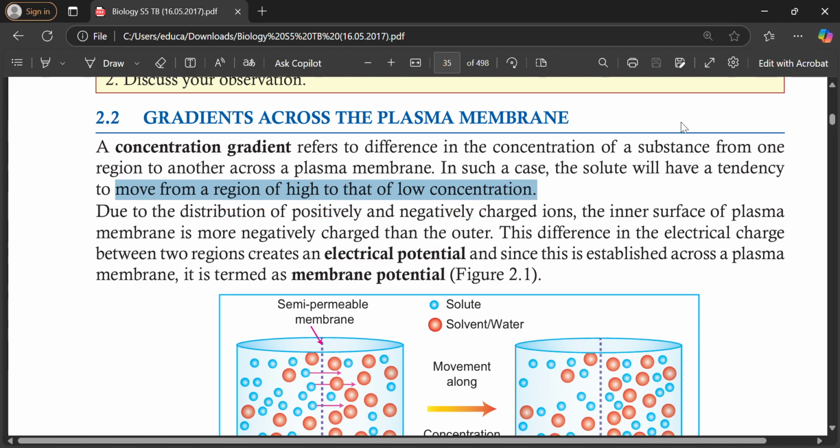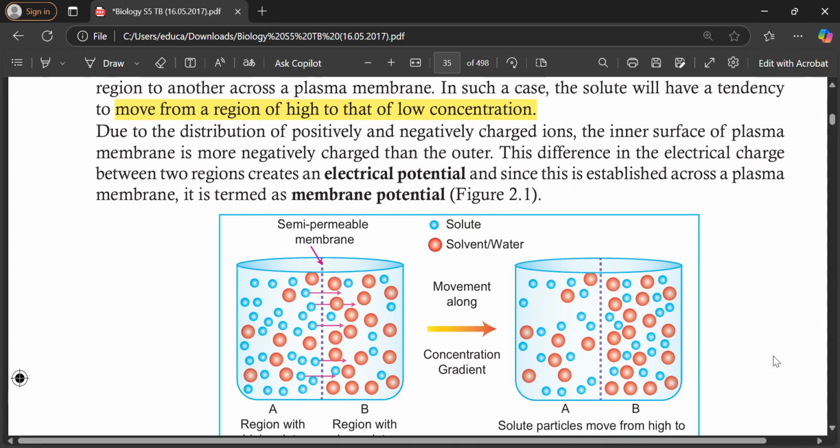Due to the distribution of positively and negatively charged ions, the inner surface of a plasma membrane is more negatively charged than the outer one. Inside the cell is more negatively charged than outside the cell.